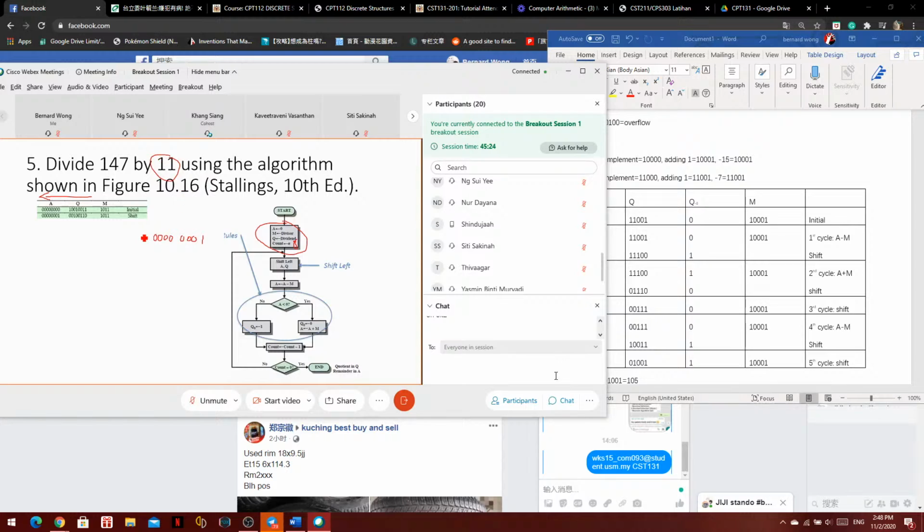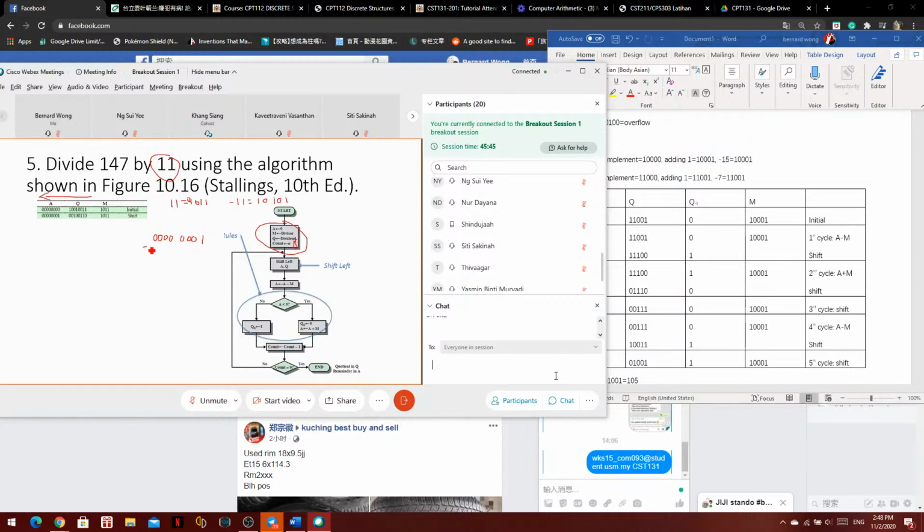This one is your 11. Then 11 equals 1, 0, 1, 1. Then negative 11 equals, I should add another one here. So this should be 0, 1, 0, so it's like 1, 0, 1, 0, 1.